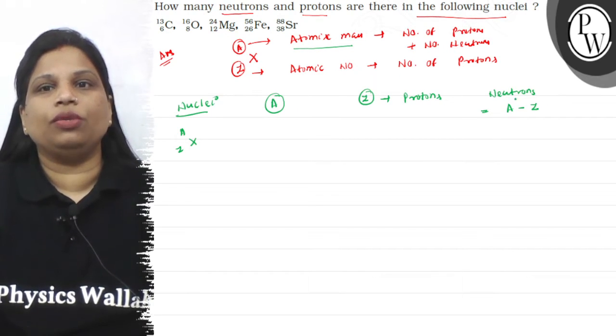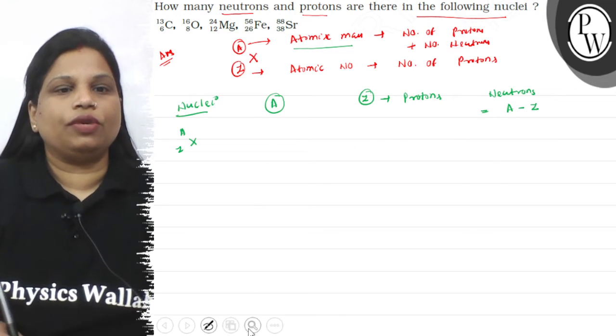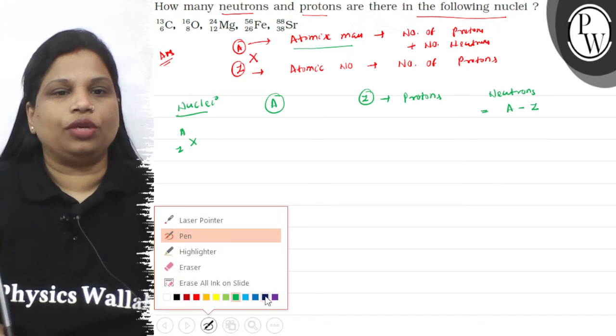So what will be the number of neutrons? It is atomic mass minus number of protons or atomic number. ठीक है, so in this way we can calculate the number of protons and neutrons here.